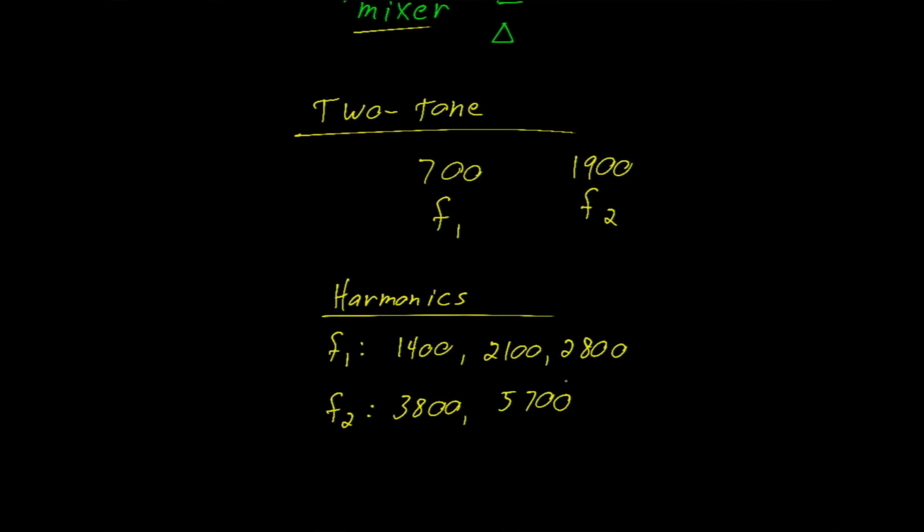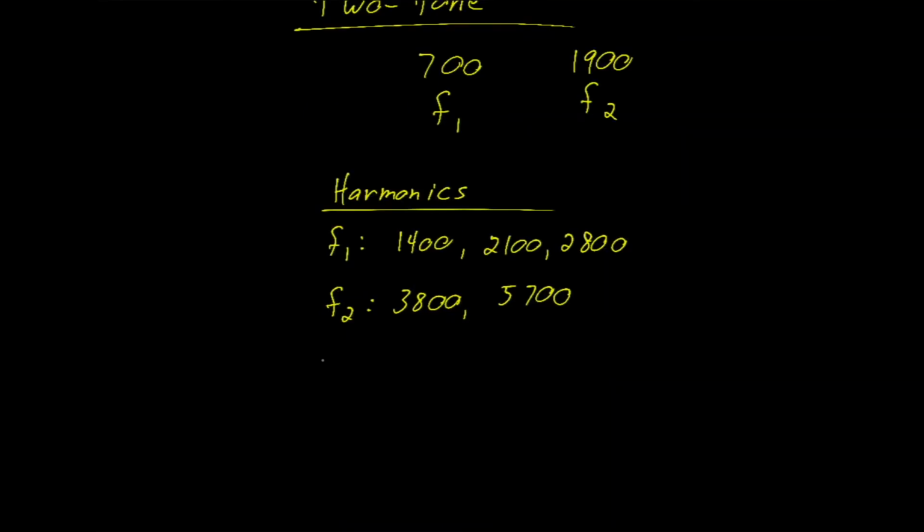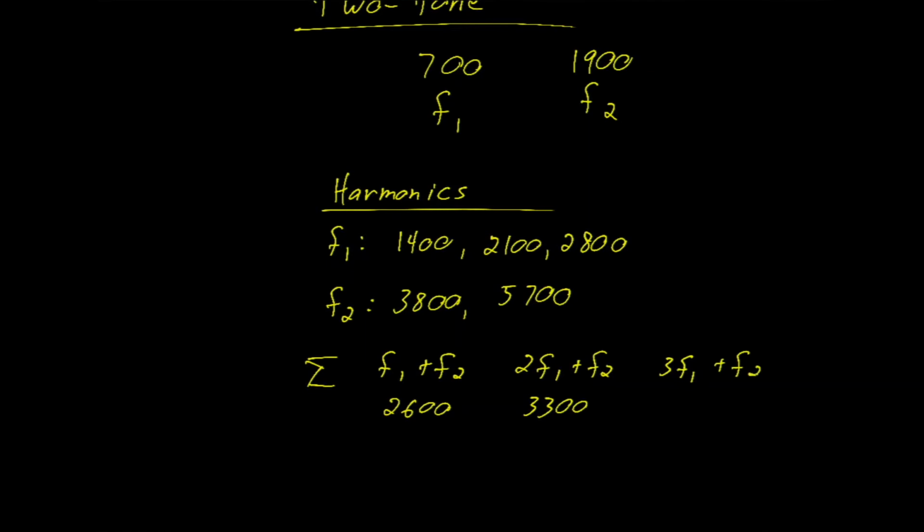If that intermodulation distortion is really bad, these harmonics can interact with each other and with the original tones, giving us summations of F1 plus F2, so that's about 2600, a 2F1 plus F2 at 3300, and a 3F1 plus F2 at 4000.